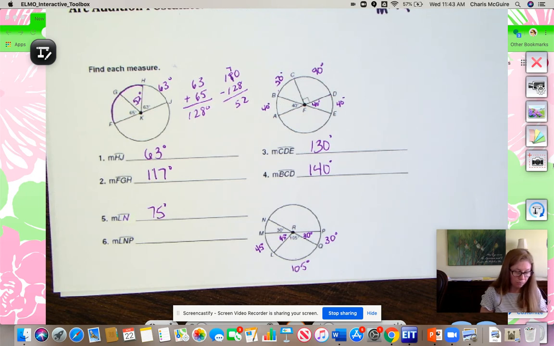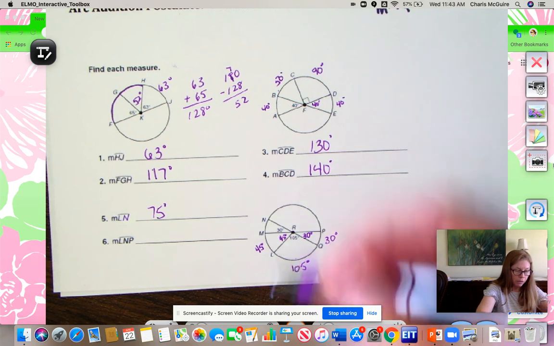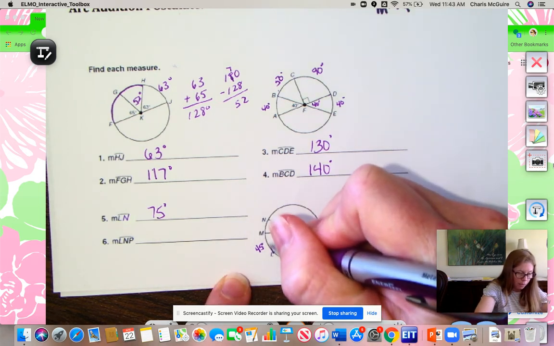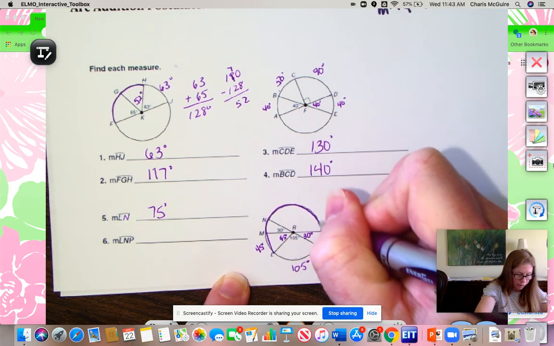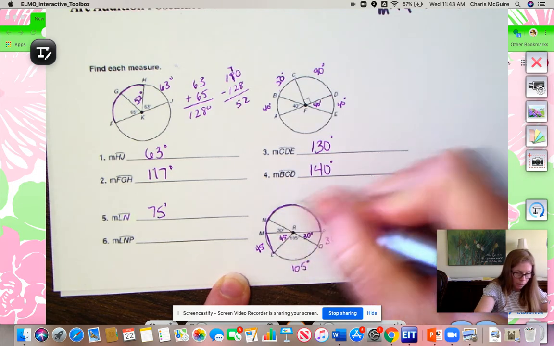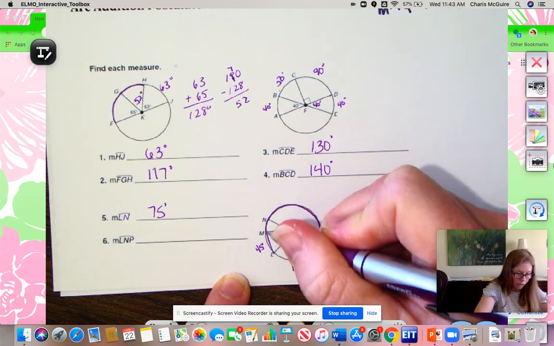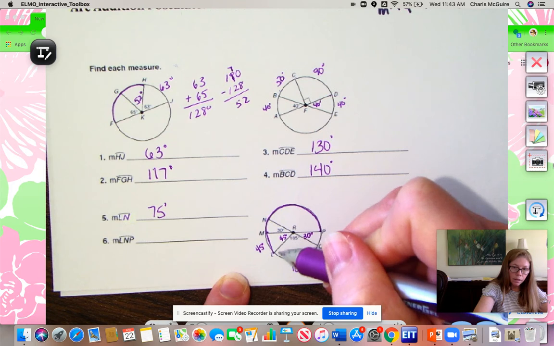All right, last one for us together today, arc LNP. So for this one, you can do this a couple of different ways, but we're going for L and P. We're going around following L and P. So we've got 180 plus the 45, right?